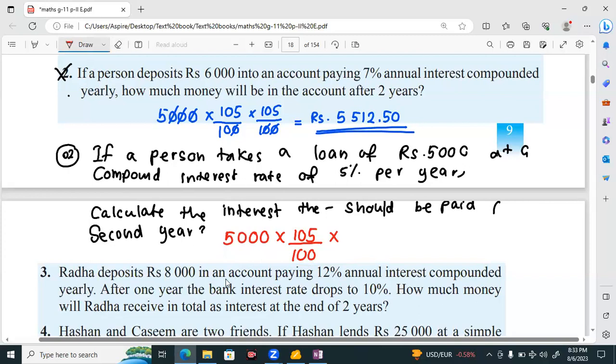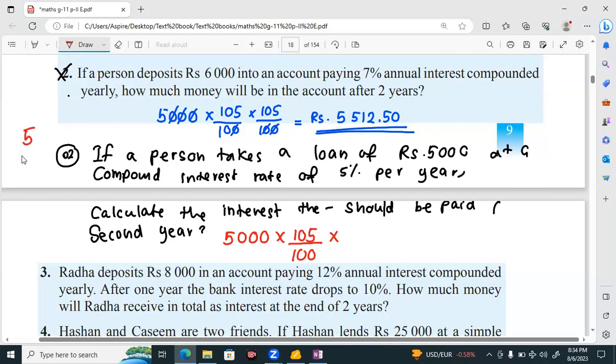Can anyone tell me? The total amount that we have to pay at the end of the first year should be multiplied by what to find the interest for the second year? I said that in the numerator we always write what is asked, and in the denominator what is given. Now what is asked here? The interest. So what should be written in the numerator?